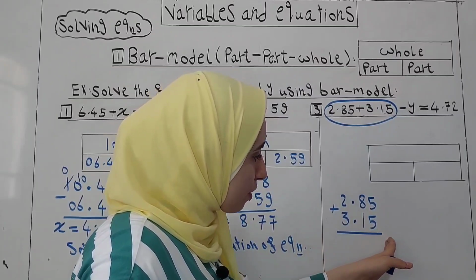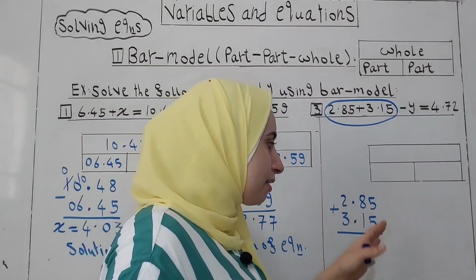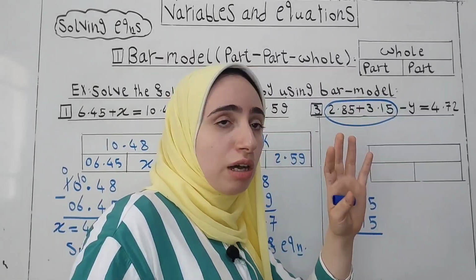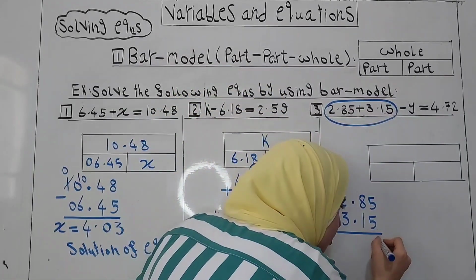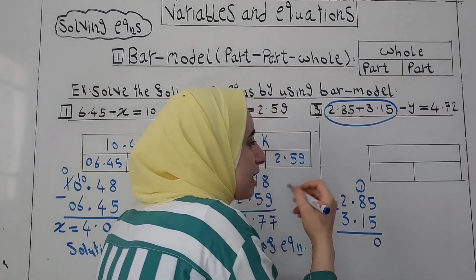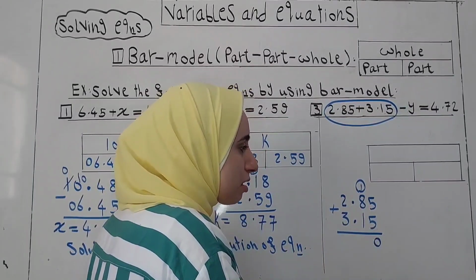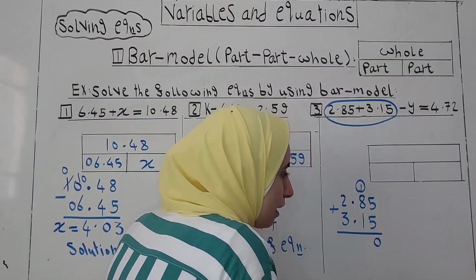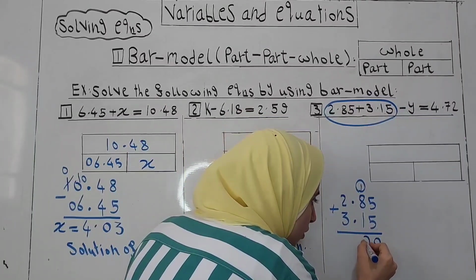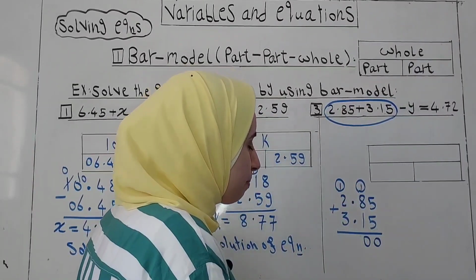Now we start from the right and go to the left. 5 plus 5 equals 10. Can you write 10 at one place? No. So we write 0 and carry up 1 to the digit in the next higher place. Now 1 plus 8 equals 9 and 9 plus 1 equals 10. So we put 0 and carry up 1 to the digit in the next higher place.